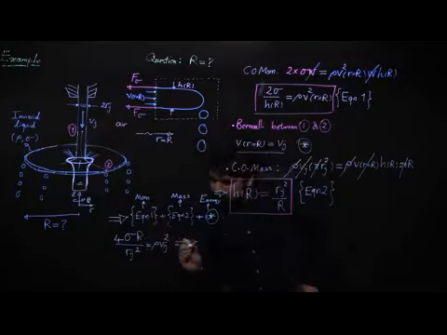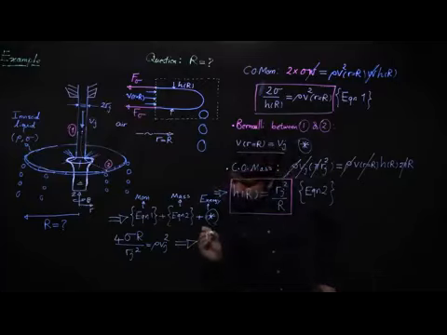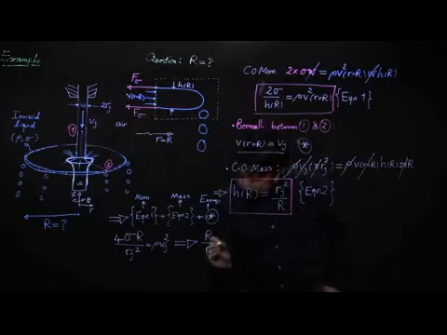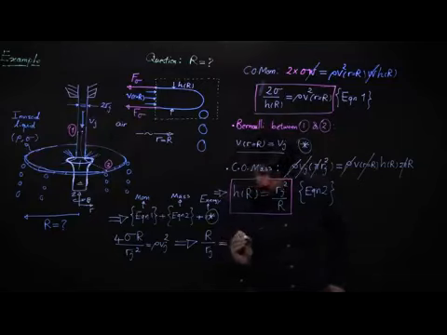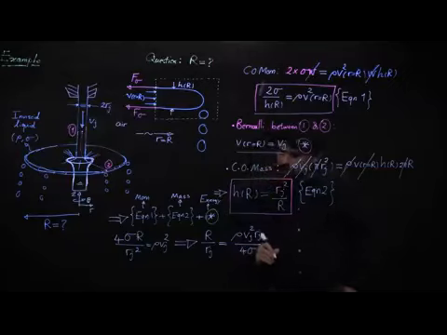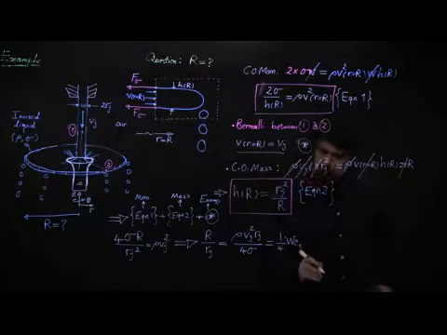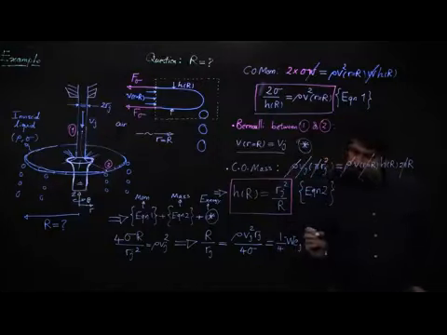And with a little bit of algebra, we can show that the R we were looking after, normalized by the radius of the impinging jet, R over rj, is equal to rho vj squared multiplied by rj divided by 4 times surface tension sigma, which you can also write as 1 over 4 multiplied by the Weber number that corresponds to the jet.